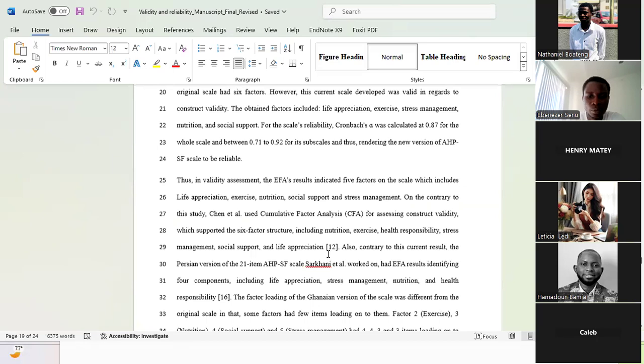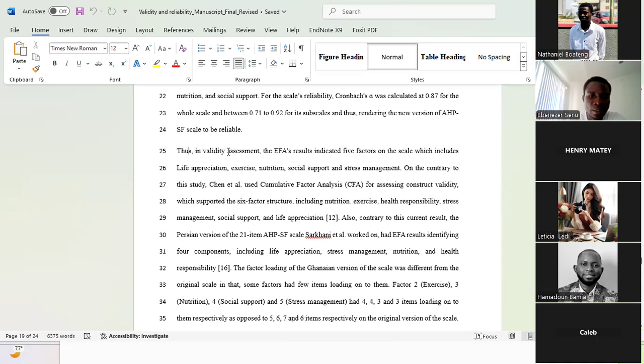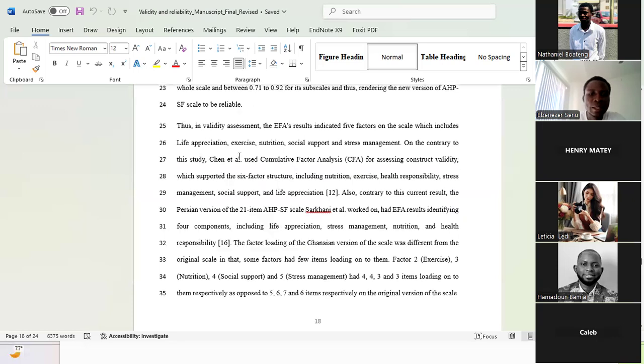So for example, you see the second paragraph, on validity assessment. The EFA result indicated 5 factors on the scale, which include life appreciation, disease, and stress. Contrary to this study, Chan et al. used confirmatory factor analysis for assessing construct validity, which supported 6 factors, including disease, exercise, and stress.